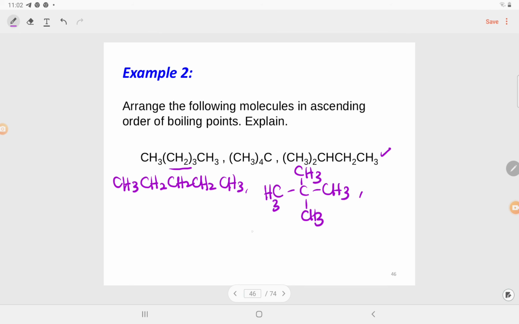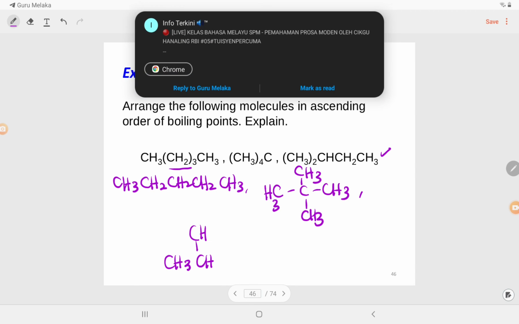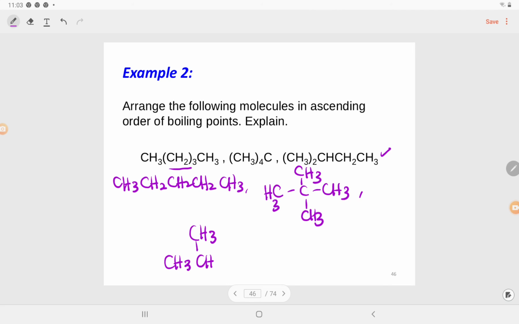Okay, and for the last structure, structure number 3. So this is a bracket. So I try to expand it to identify the specific situation for the structure given. So CH3 two times means we have a branch of the structure.